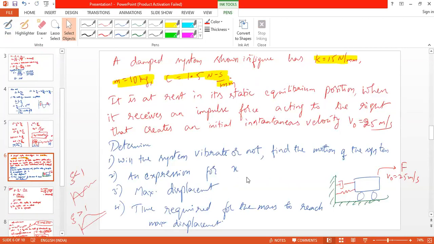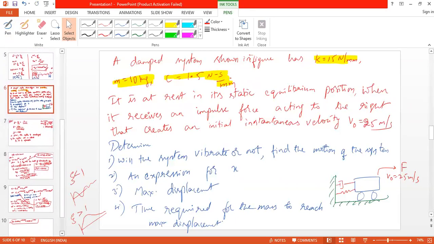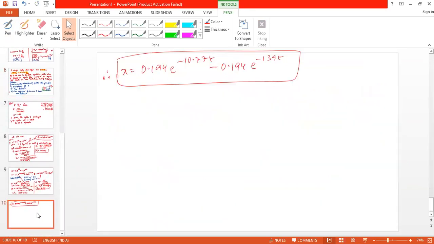Now I need to find out the maximum displacement. How to get the maximum displacement? The first question was to know whether the system will vibrate or not. That we got. The second question is to write the expression for displacement in terms of t. That we got.